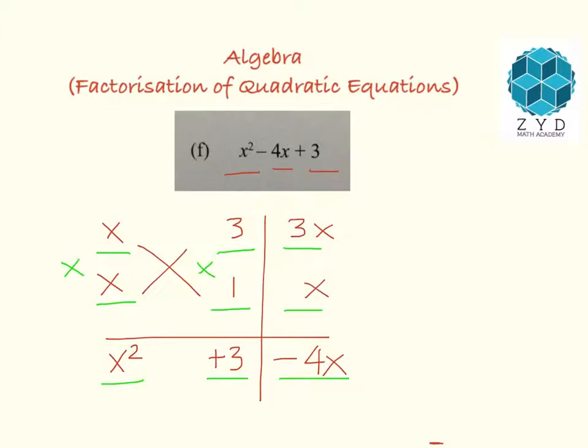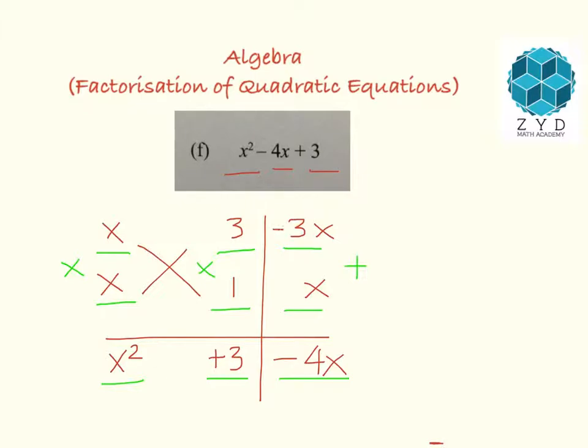For these 2 terms, you need to add them instead of multiplying, unlike these 2 positions. So 3x added to x is 4x. You don't get your negative 4x, so we need to add the sign to make it a negative 4x.